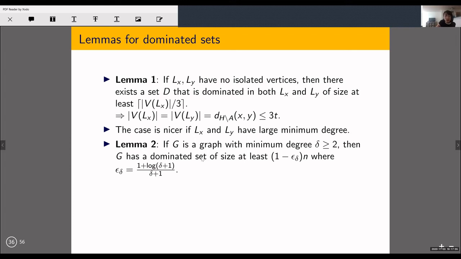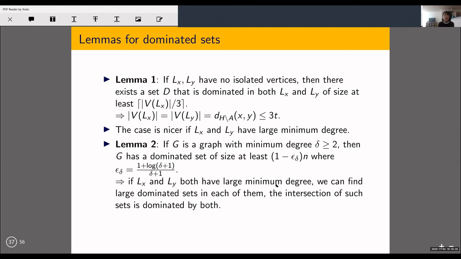So the same proof shows that if we have delta at least 2, then we have a dominated set in our graph of size at least 1 minus epsilon, where epsilon is now this function of delta. So roughly 1 plus log of delta over delta. Okay, so we can find very large dominated sets.